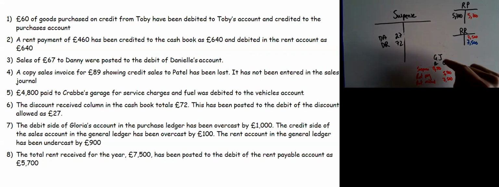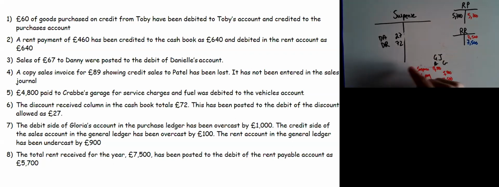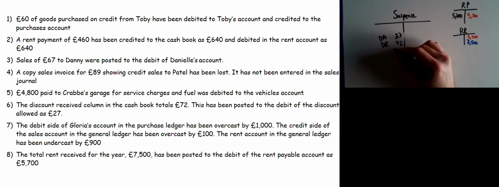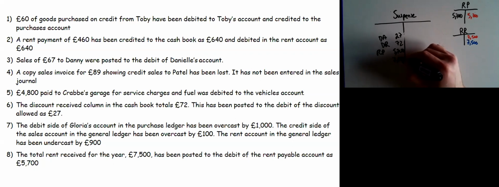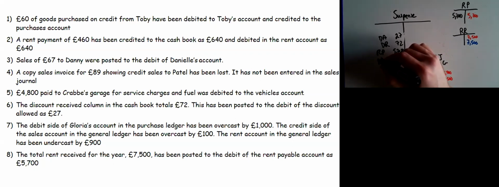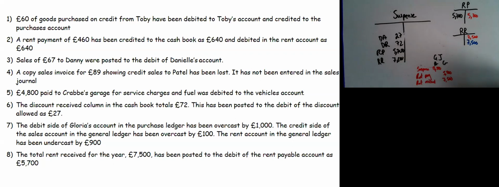So that means I'm going to debit the suspense account with 13,200, but I'm going to just list it as two separate entries, just so we can see exactly where that money comes from. 5,700 from the rent payable, 7,500 from rent receivable. You would write out all the words, you wouldn't do the abbreviations like me. I'm just trying to speed it up because I feel like I've been talking forever.